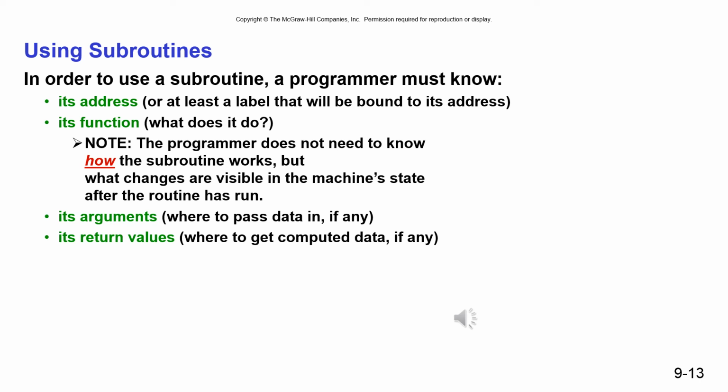The programmer does not need to know how the subroutine performs the function, just what changes are visible in the machine state after the routine has run, okay? The documentation for the subroutine should include a description of the arguments and where that data needs to be passed to the subroutine, and the description of the return value and where it is located.